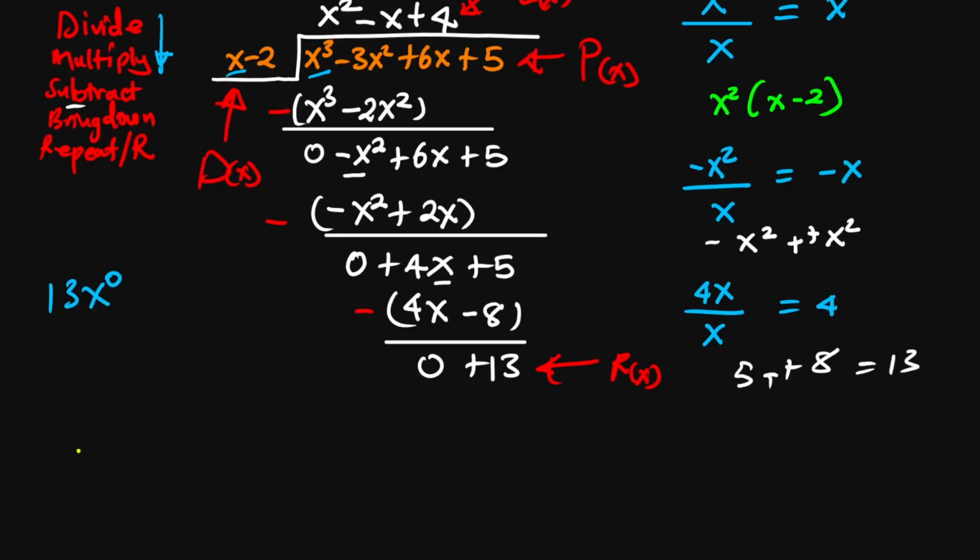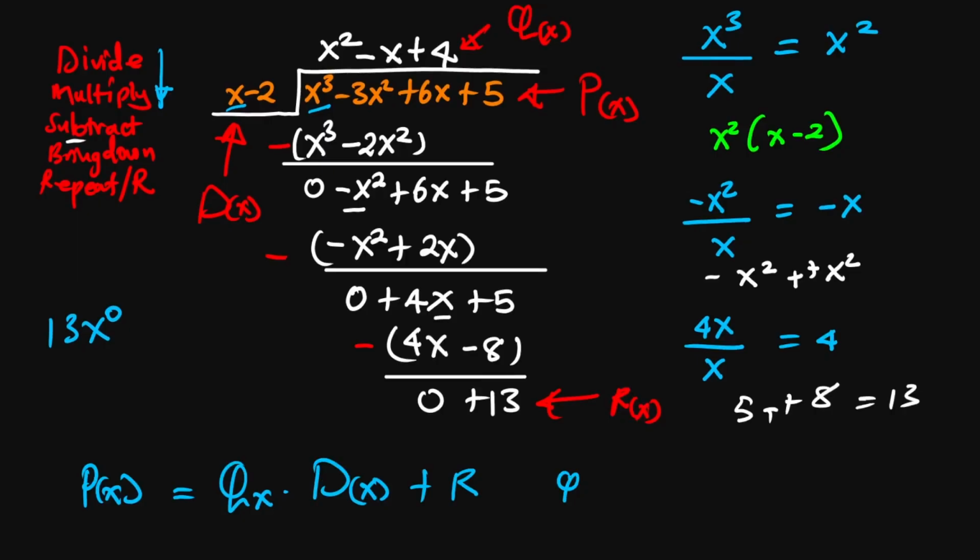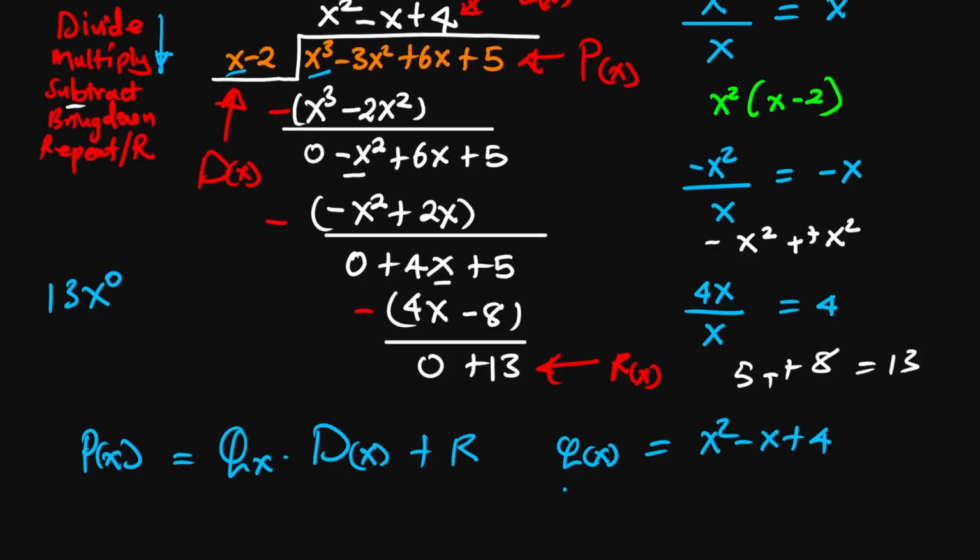Let's do that. From the division algorithm equation, what do we know? We know that the polynomial of x should equal the quotient of x times the divisor of x plus the remainder. Our quotient of x equals x squared minus x plus 4. And our divisor of x equals x minus 2.